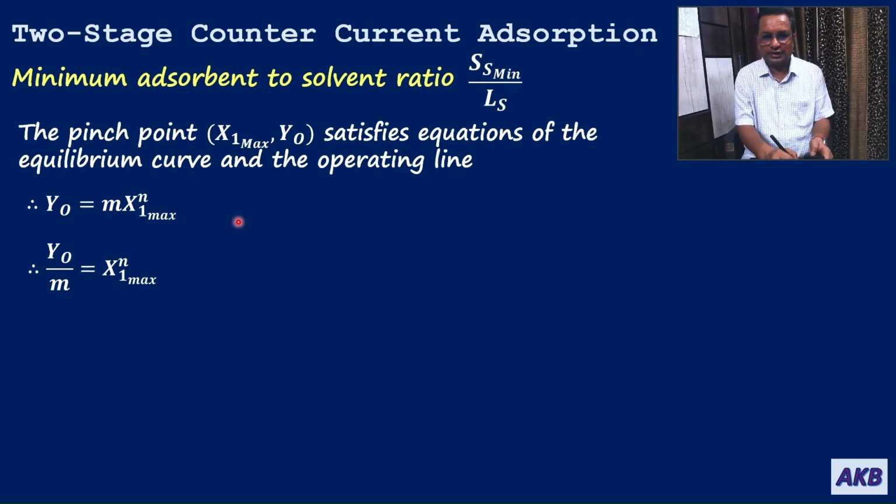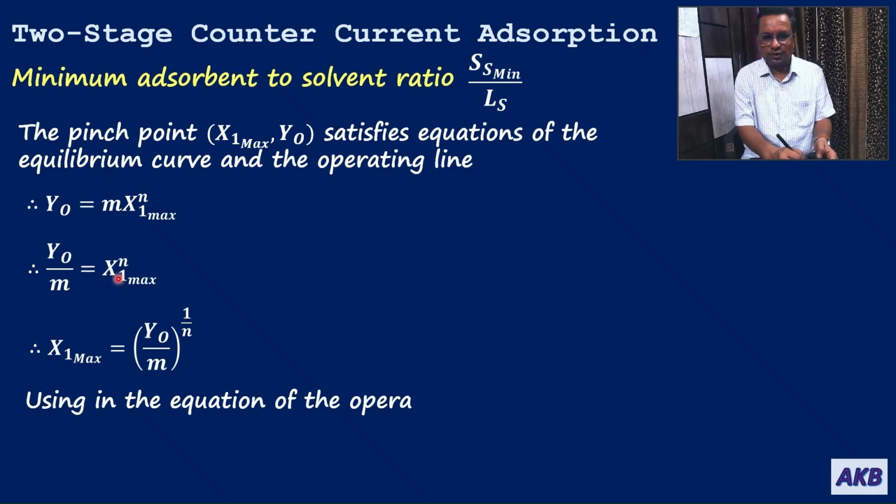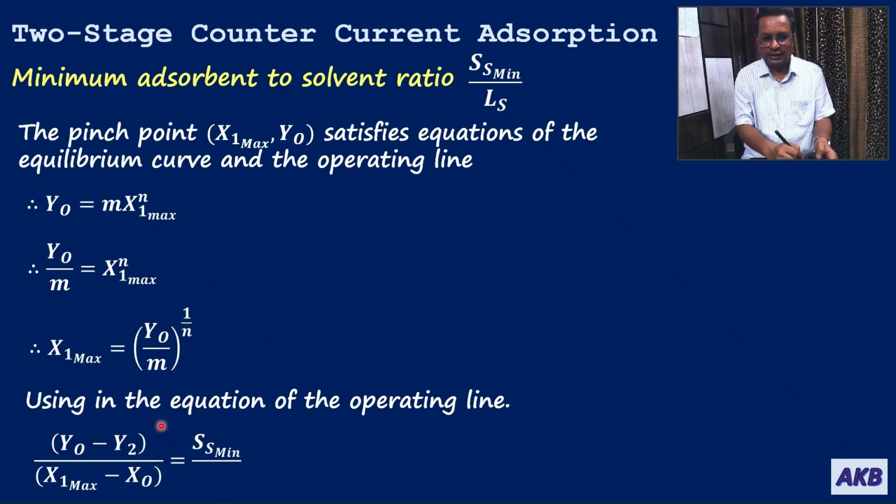If you use the equation of the equilibrium curve, you have capital Y0 is equal to m into x1 max raised to n. That is, capital Y0 by m is equal to x1 max raised to n. That is, x1 max is equal to Y0 by m raised to 1 by n.